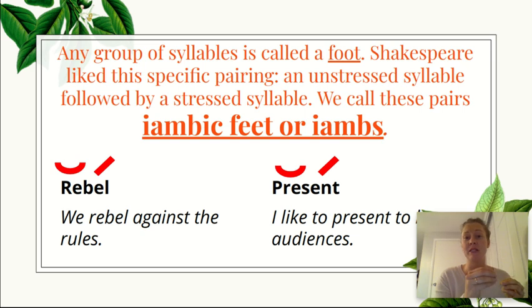Shakespeare liked this specific pairing, an unstressed syllable followed by a stressed syllable. Da-DUM: rebel, present. We call these pairs iambic feet or iambs. I am: you can hear the unstressed and then stressed. So that is a foot, the combination of unstressed, stressed.